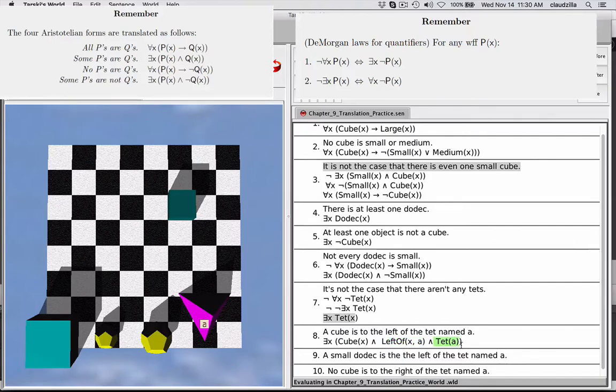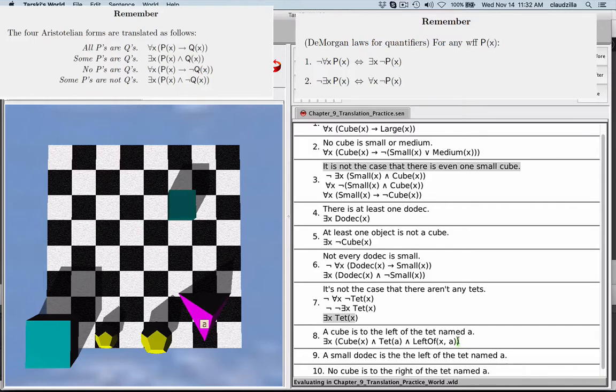Now you could, because there's no problem with a logical equivalence here, move the sentence A is a tet to the position immediately right of the first conjunction. So I could just as easily translate this way, right? So there is something, the thing is a cube, and A is a tet, and the thing is to the left of A.